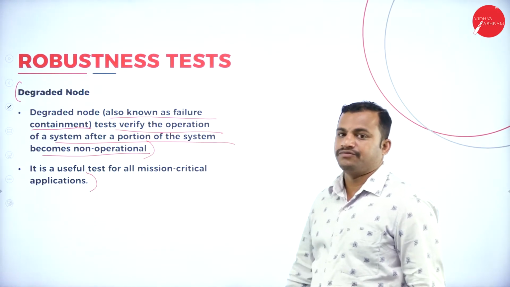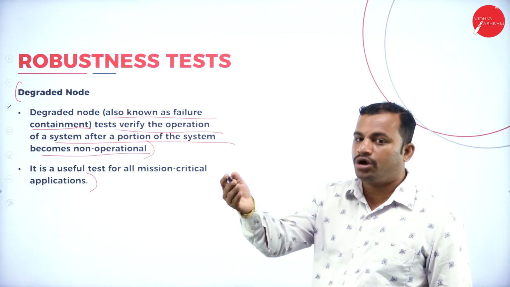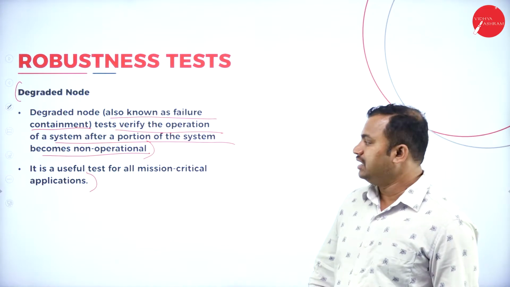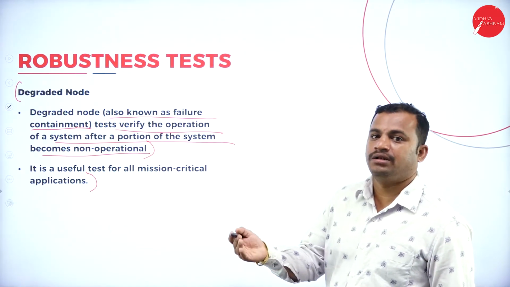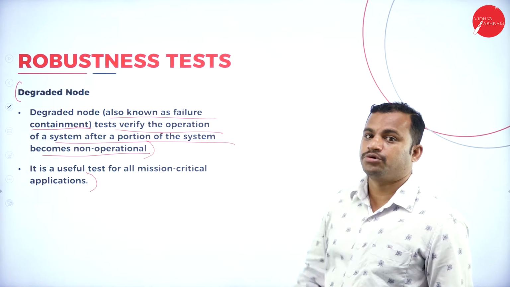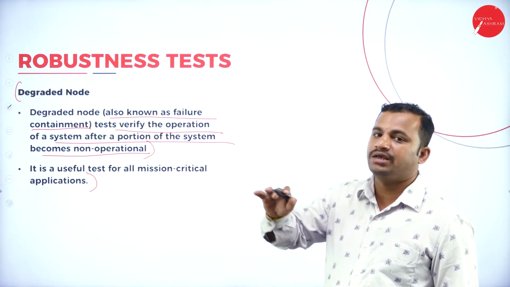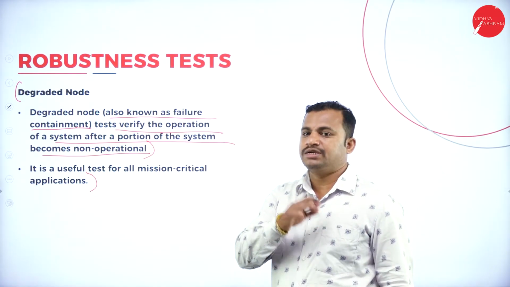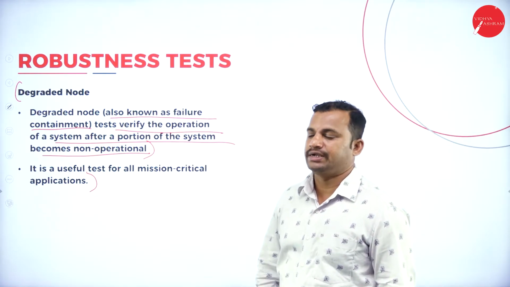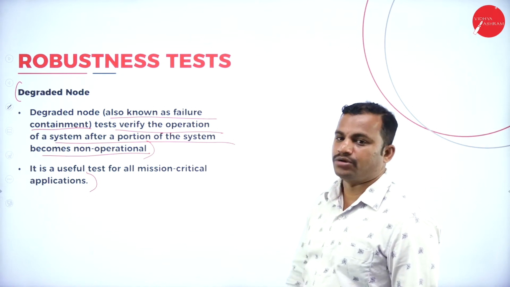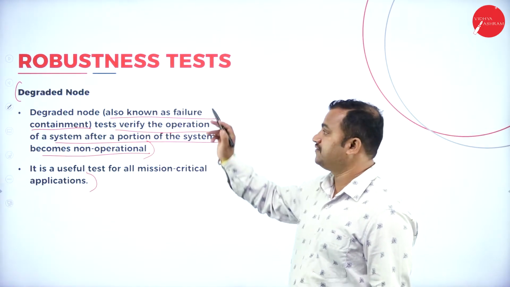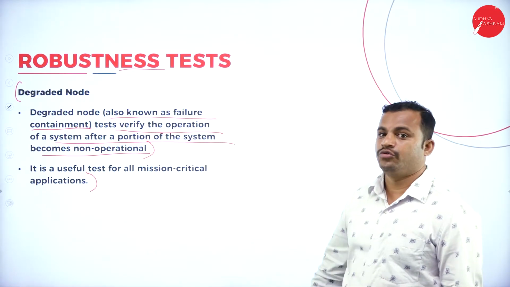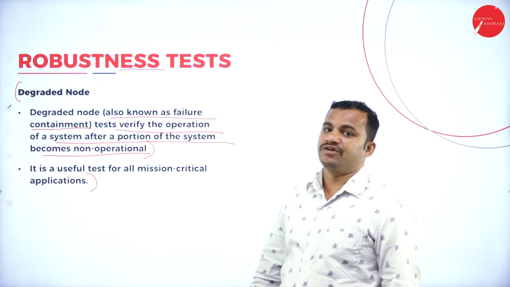When one of the nodes is not in an operating state, it has to be made operational by providing online support to it, or alternatively we can use other nodes to deliver the messages from the sender side to the recipient's side. That is called the degraded node. In spite of all those things, if the system works, then we say that the system is robust enough to work in a tedious environment.